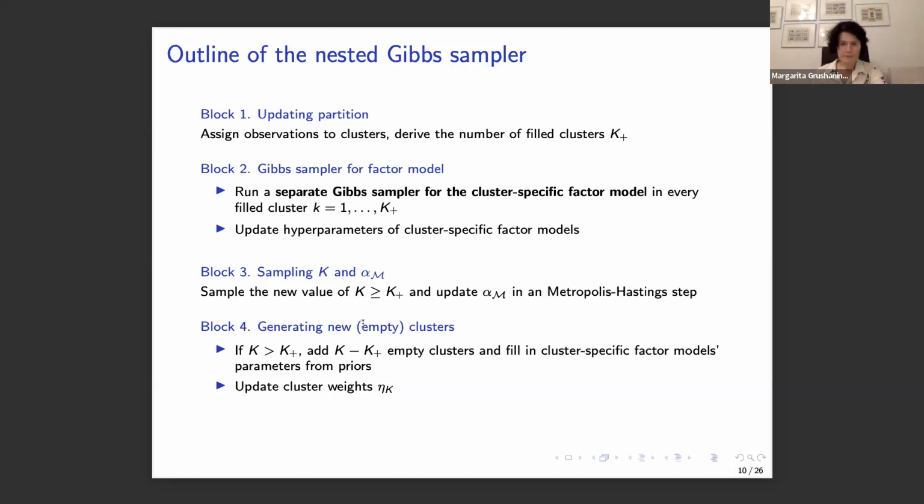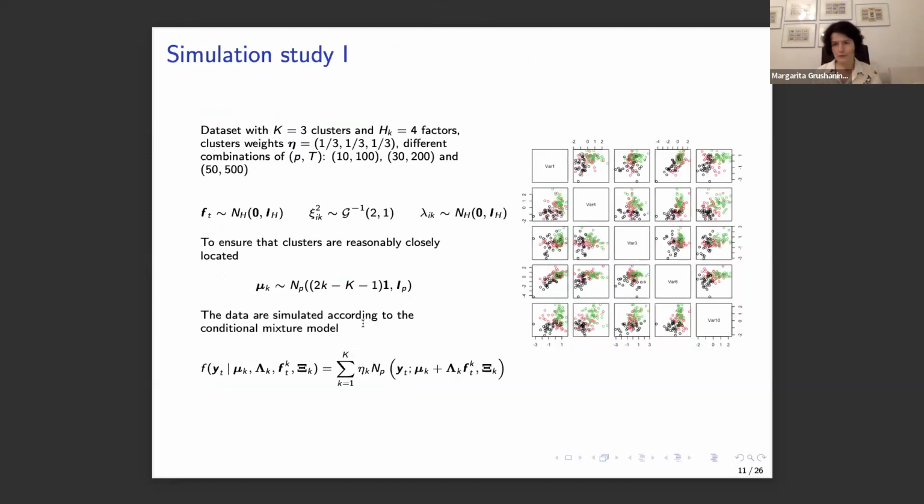So this model works quite well, and this is what I want to illustrate with some examples. We did a simulation study. The first one is quite a simple simulation study with 3 clusters, all with equal weights. Each cluster has a fixed number of 4 factors in it, and the priors are quite standard.